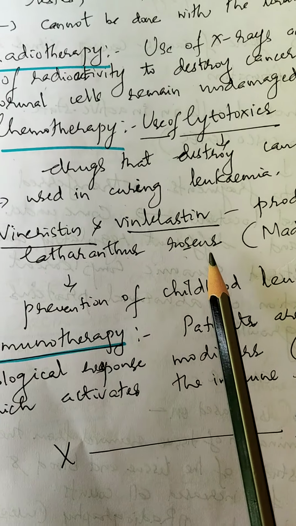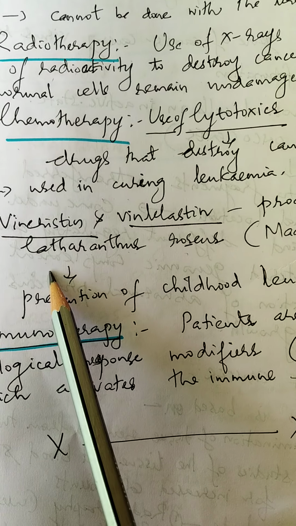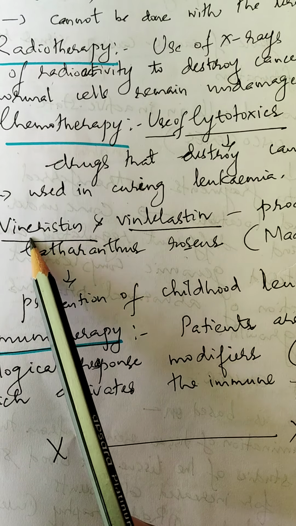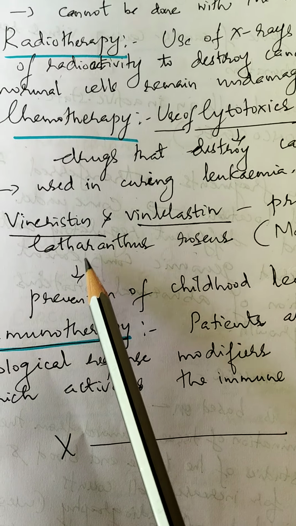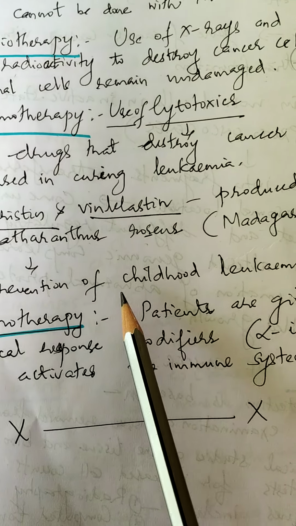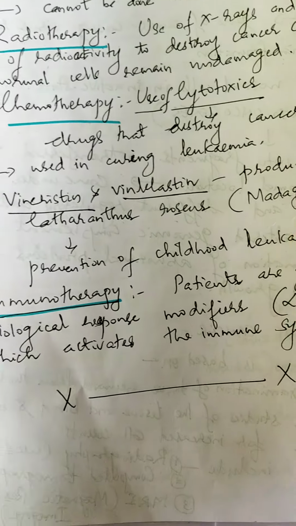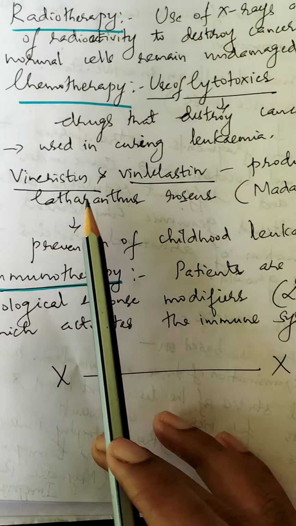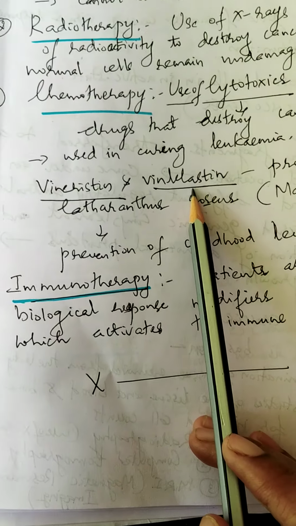This Catharanthus roseus gives vincristine and vinblastine from its extract, which is used in the prevention of childhood leukemia. So vincristine and vinblastine are two anti-cancer drugs.